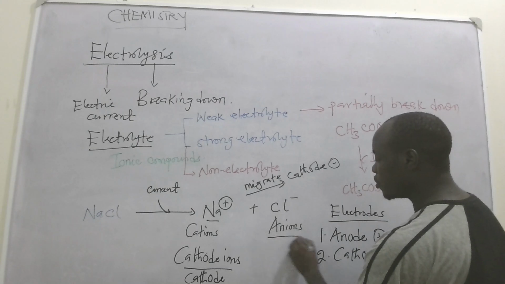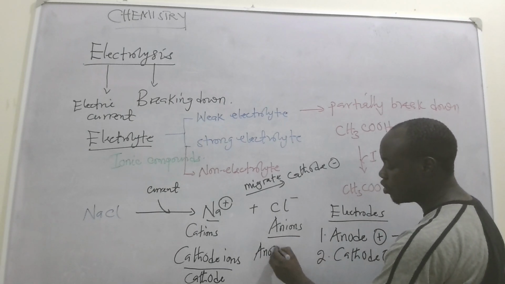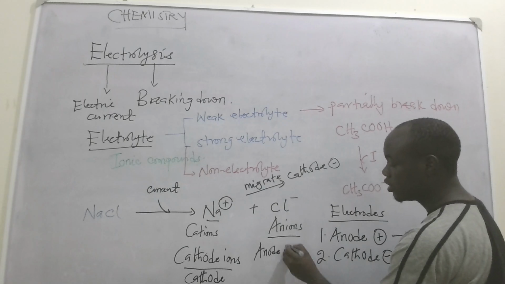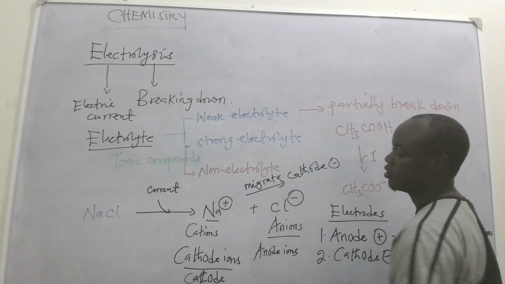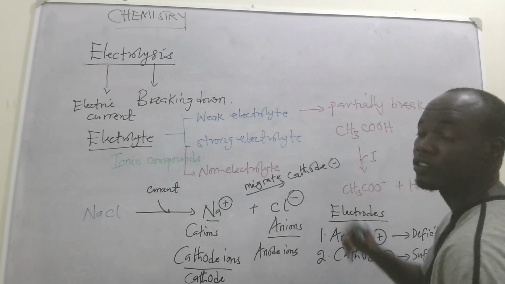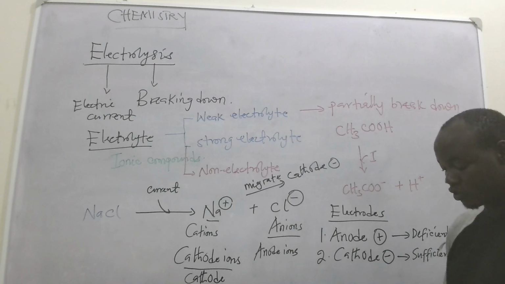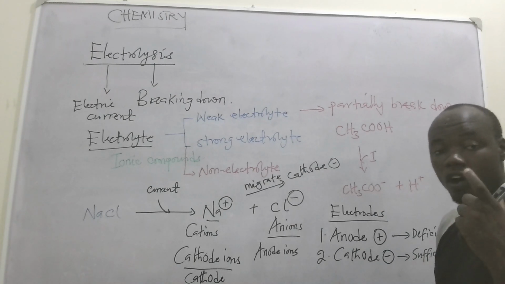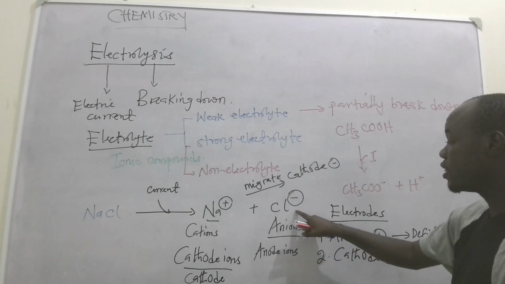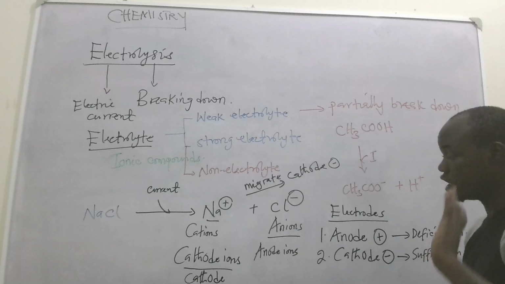Anions are called anode ions, and they have excess electrons. In the anode, they are deficient in electrons, hungry for electrons, and the chloride ion is highly rich in electrons.